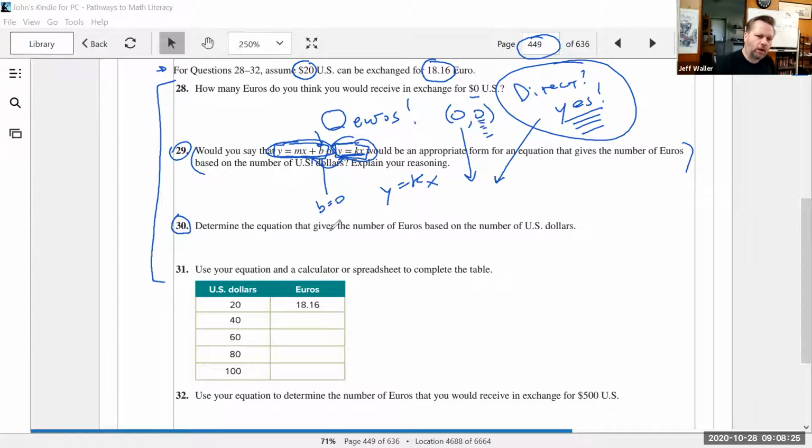I want an equation that gives me the number of euros based on the number of dollars. So which one of these, euros or dollars, will be X in my equation? Which one will be represented by X? Think about it. I want the equation to give me the euros based on the number of dollars.